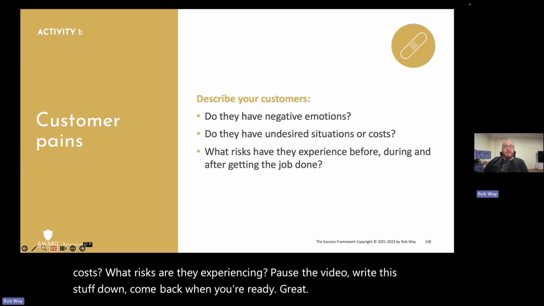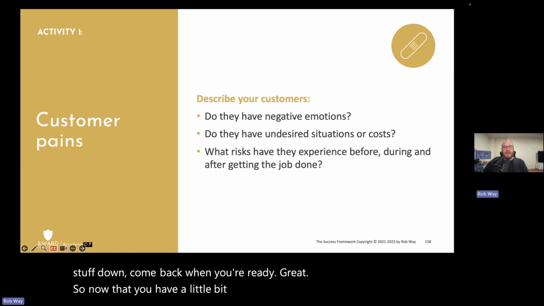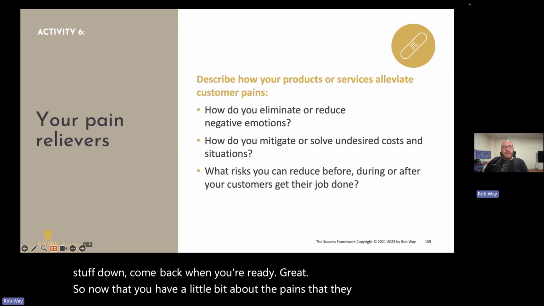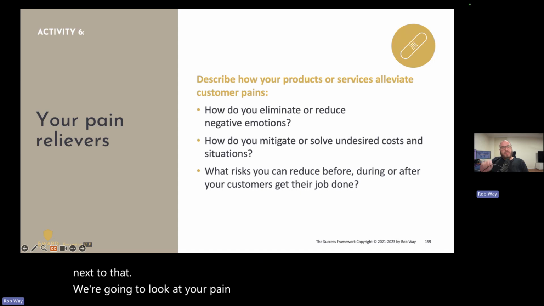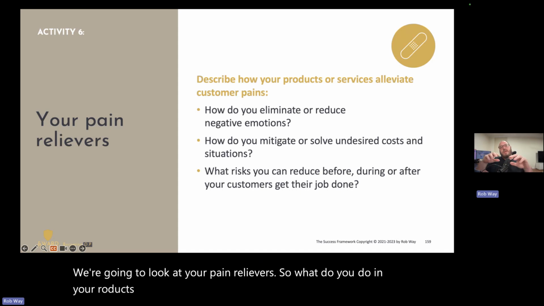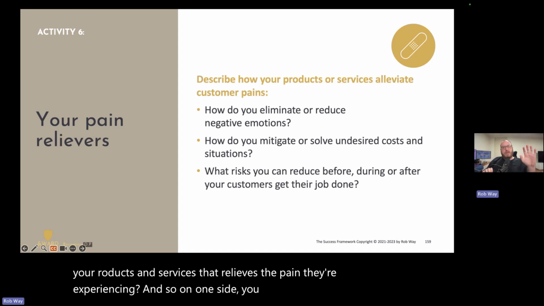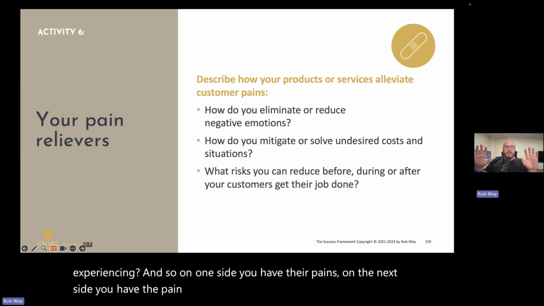So now that you have a little bit about the pains that they have, next to that, we're going to look at your pain relievers. So what do you do in your products and services that relieves the pain they're experiencing? And so on one side, you have their pains. On the next side, you have the pain relievers.